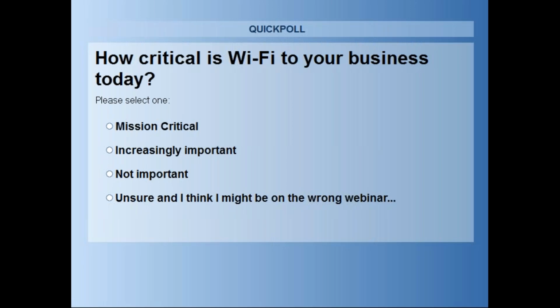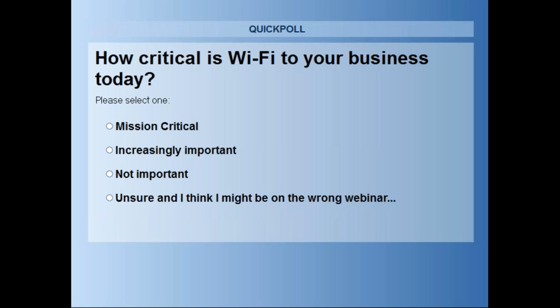So we're just going to run through. Obviously, you can see here we've got a few answers, Eric. Mission critical is, looking at the results already, a very, very high percentage. Increasingly important is getting in there. Not important at this point. We're yet to have anybody acknowledge that it's not important. And it looks like everyone's on the right webinar, because the last one was unsure.